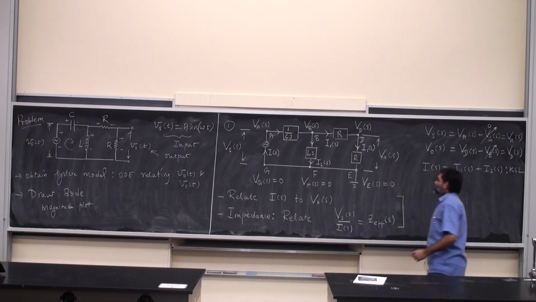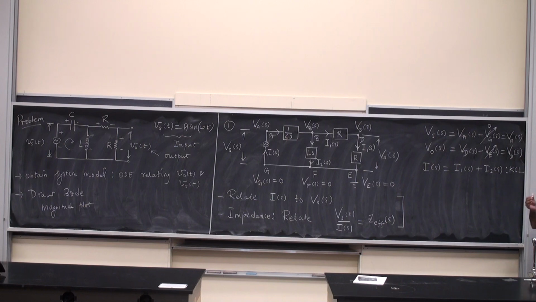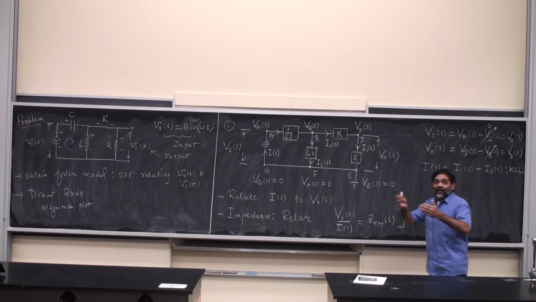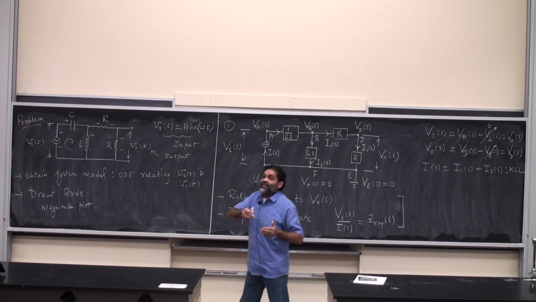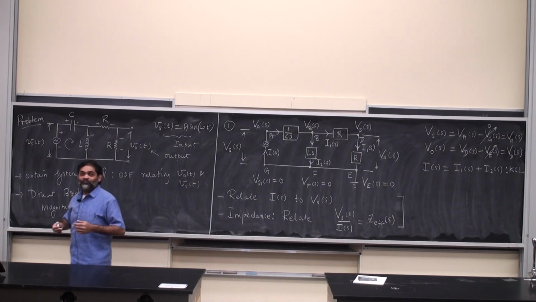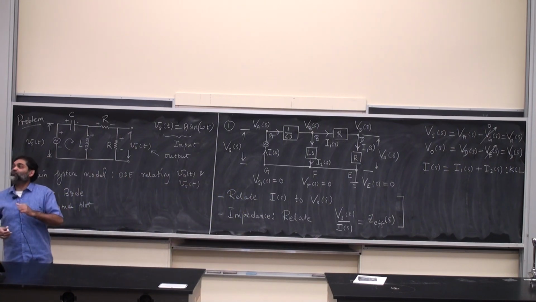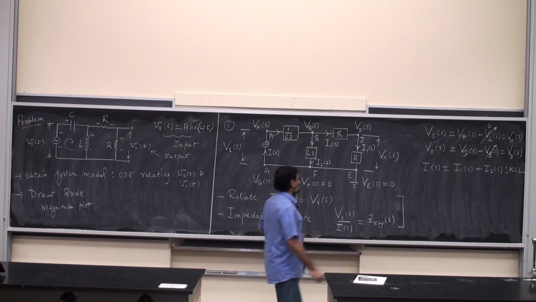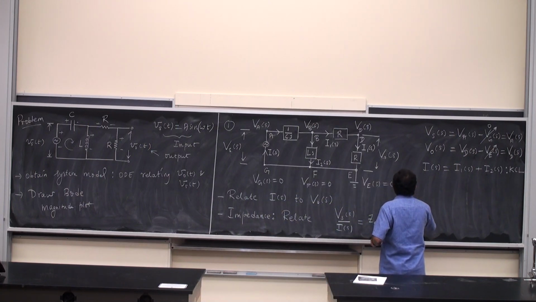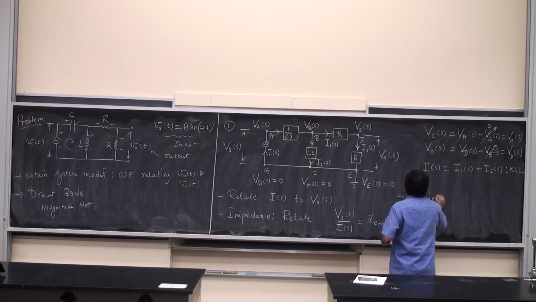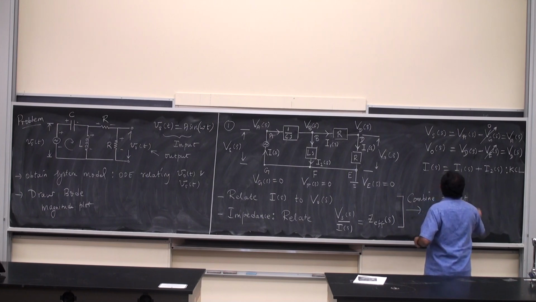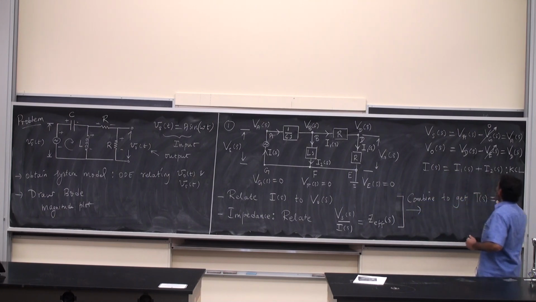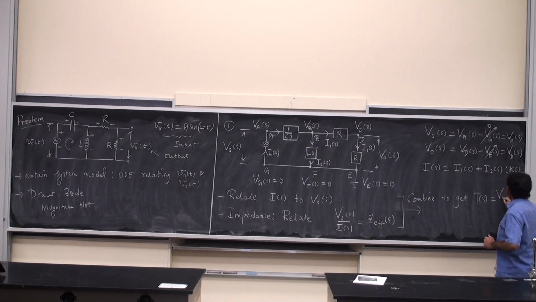And obviously you know that I have a relationship between I of S and V naught. I have a relationship between I of S and Vs. I combine the two, I get my system model in the frequency domain, or in the Laplace domain. Combine, you get the transfer function of the system, which is the output Laplace transform by the input Laplace transform.